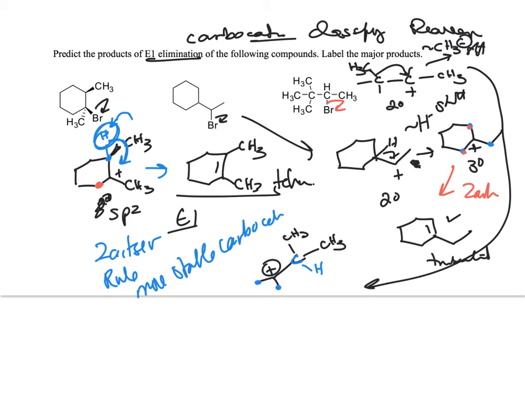You want to take it from this carbon because it's more substituted, and it will give you the more substituted alkene, and that's a tetrasubstituted alkene. It's got 1, 2, 3, 4 groups.